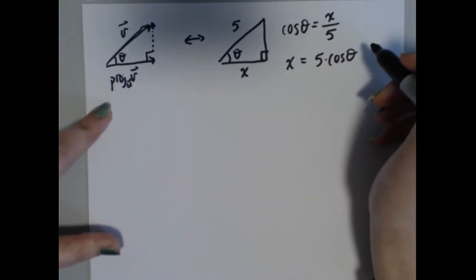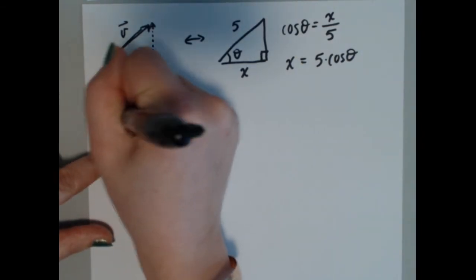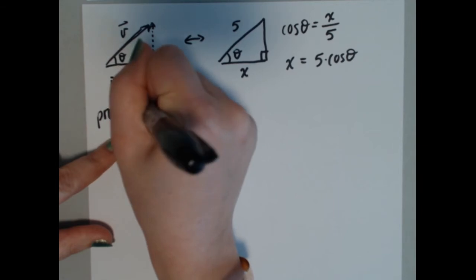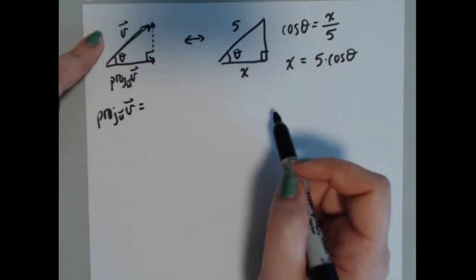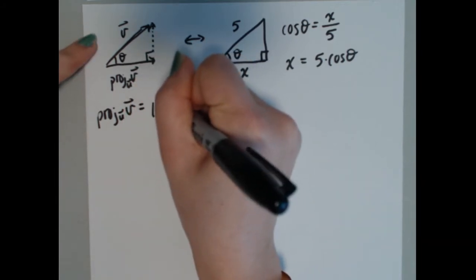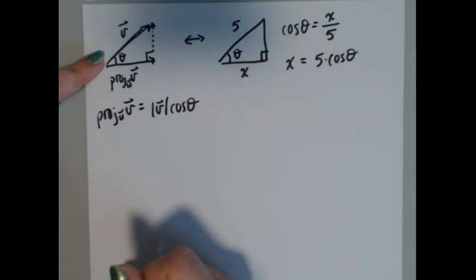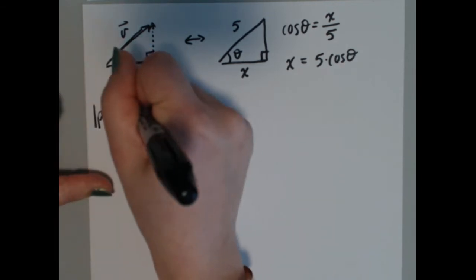And so similarly here, I'm looking for the x. That's the projection. So the projection of v onto u is going to be the hypotenuse, right? But not just the hypotenuse. I'm looking at the magnitude of the hypotenuse times cosine of the angle, theta. And what this is telling me is the magnitude of the projection.